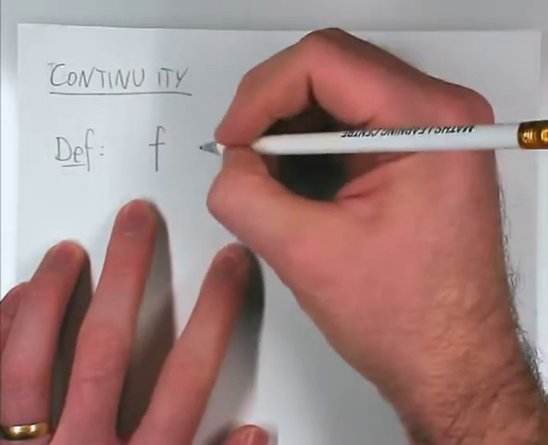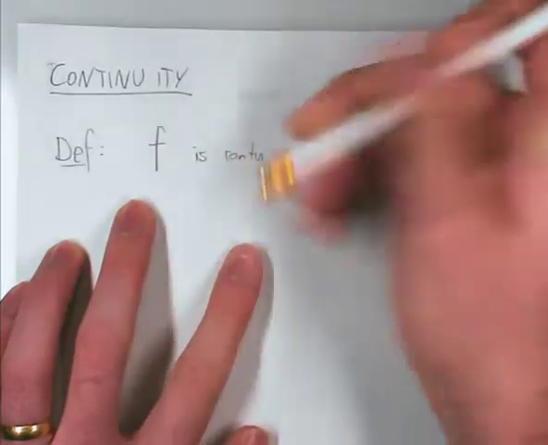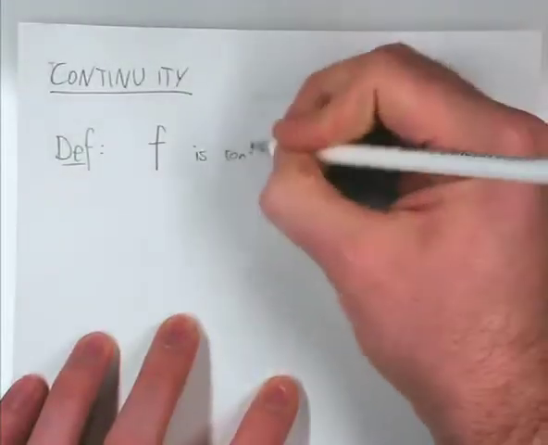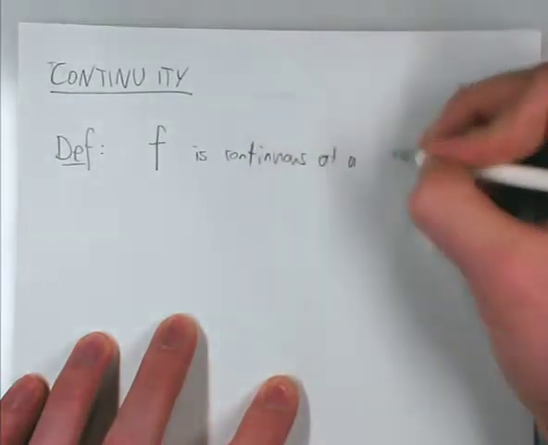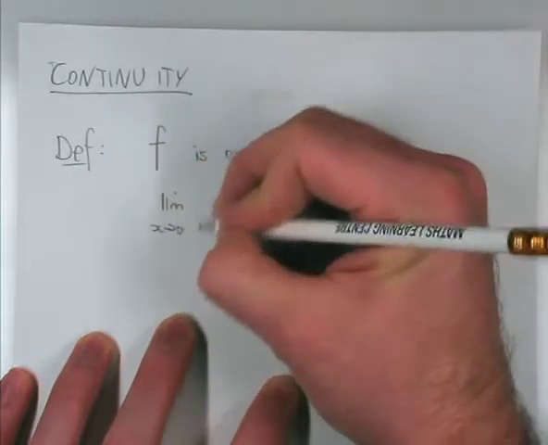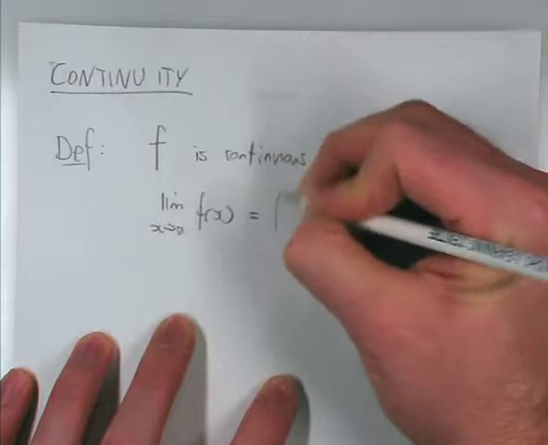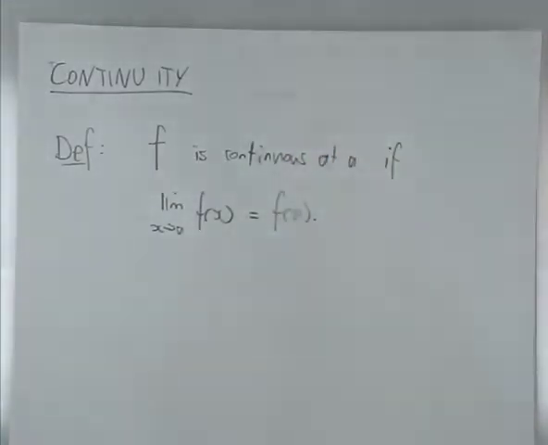F is continuous at A if the limit as x approaches A of f of x is f of A. That's the definition of being continuous at a particular point. And it's continuous on an interval if it's continuous at every point in that interval.